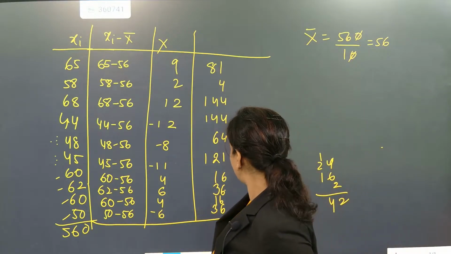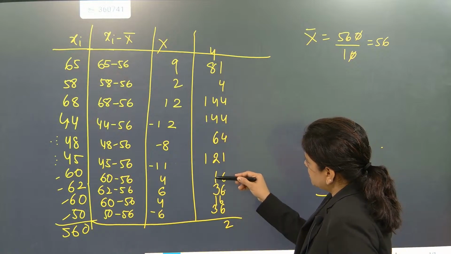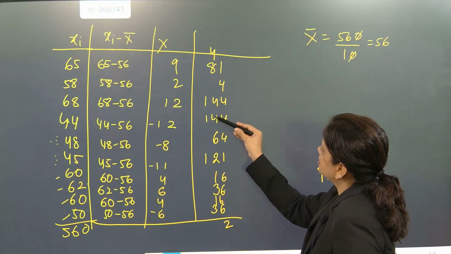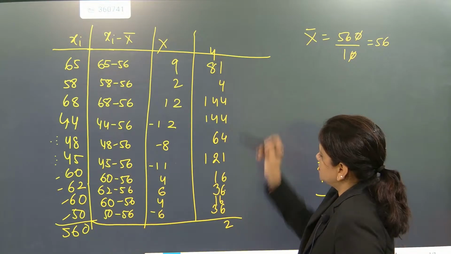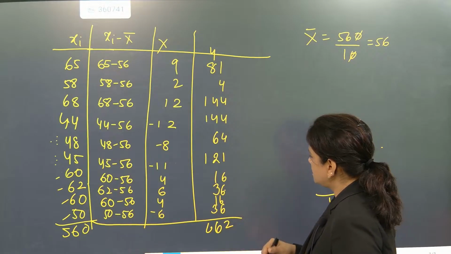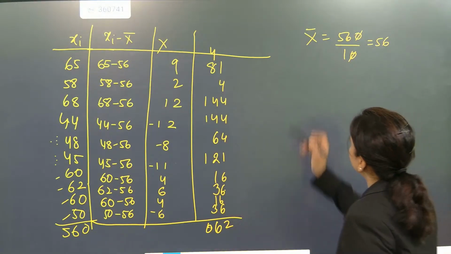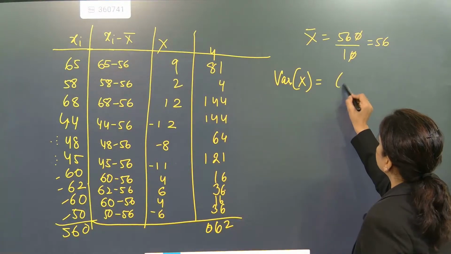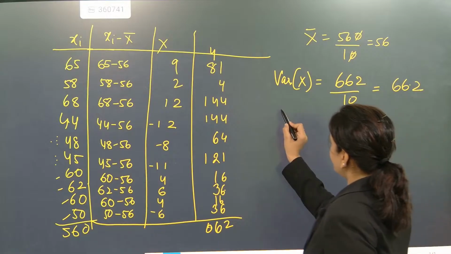Here 2 is coming, here 4 is going. 662 coming. So that means variance of x is equal to 662 divided by 10, which is 66.2. Now heart attack moment.